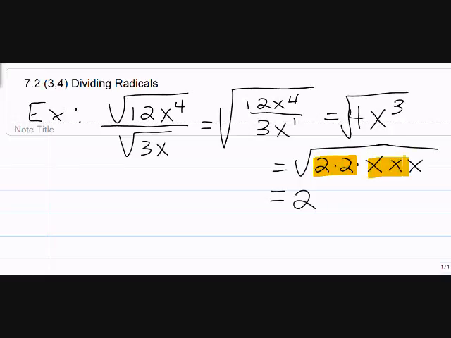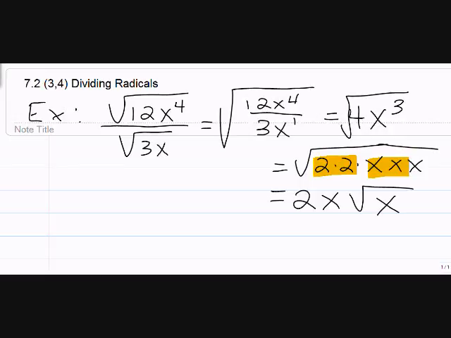I can pull off a pair of x's to give me an x outside the radical. Left inside the radical is just an x, so I'll write it like that. So there's my division. That's simplified. Oh, there's more complicated. Of course there's more complicated.